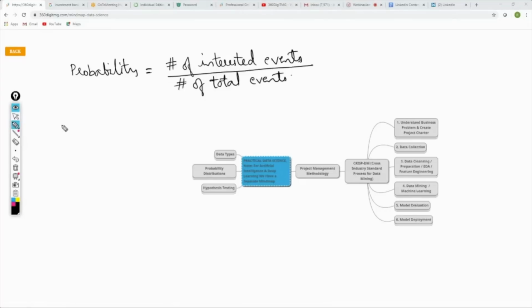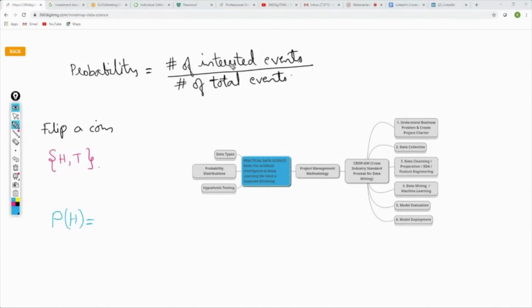If you're flipping a coin, then you might get a head or a tail. So the total number of events when you flip a coin is 2. And if someone asks you the probability of getting a head, then head is a single event, just one event.